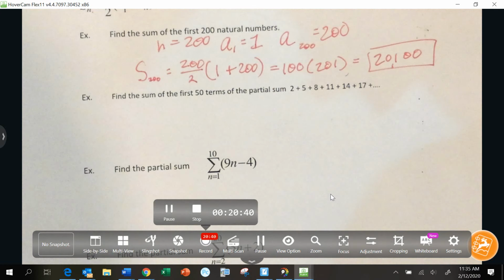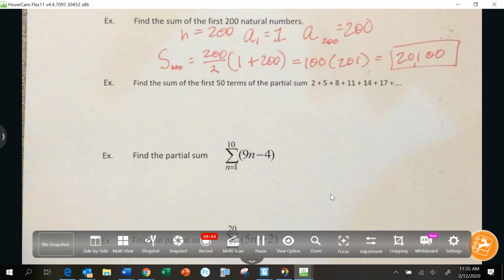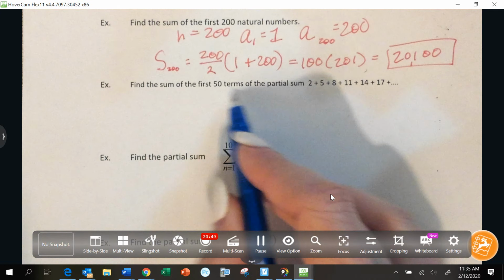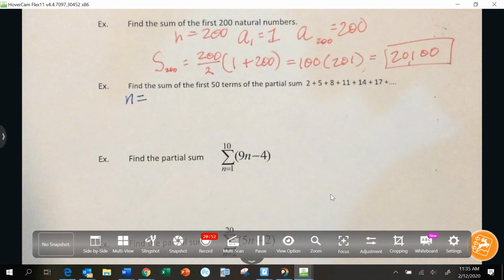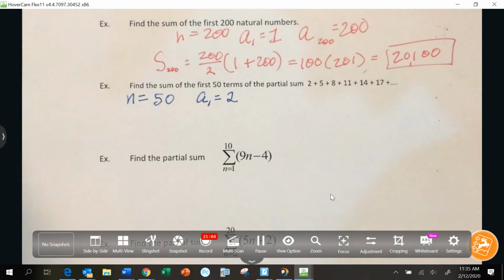All right, find the sum. You ready? Find the sum of the first 50 terms. So what's my n? What is my a? 2.